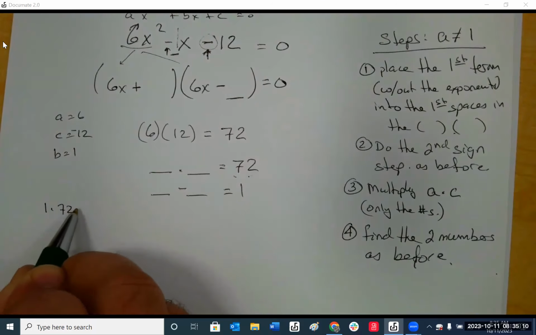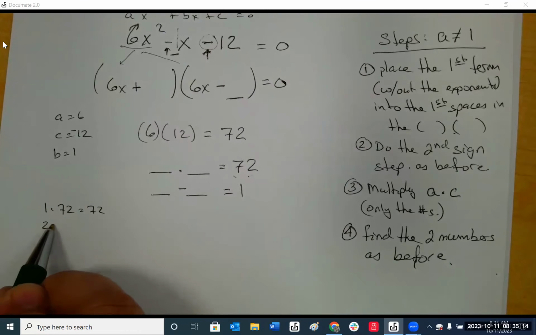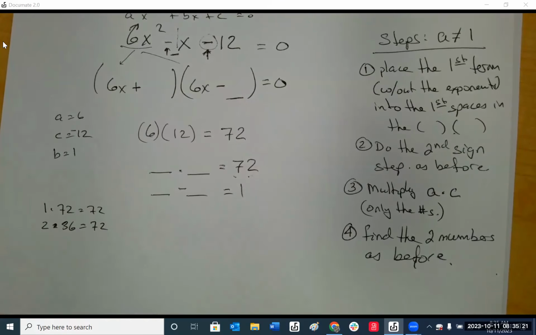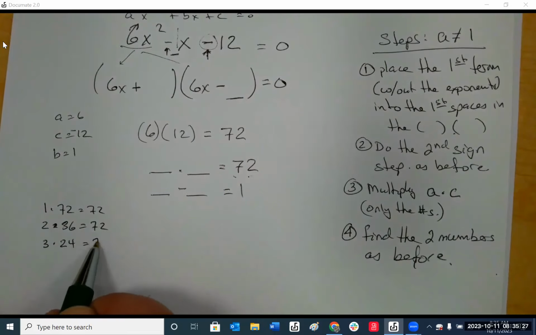1 times 72 equals 72. 2 times 36 is 72. 3 times 24 equals 72.